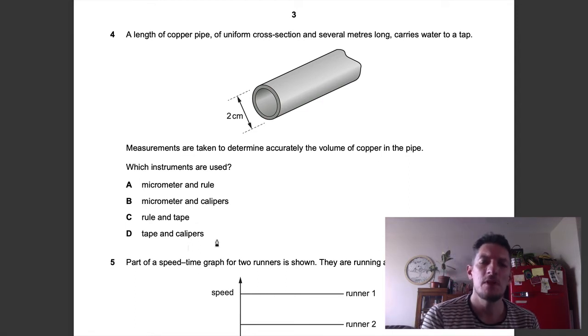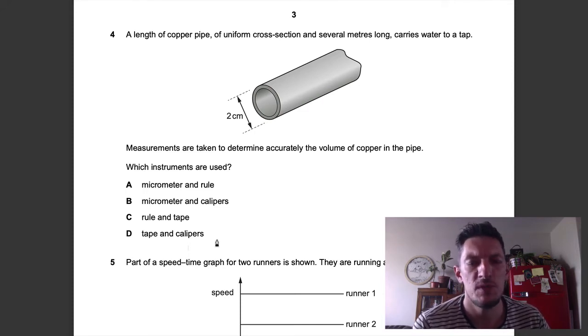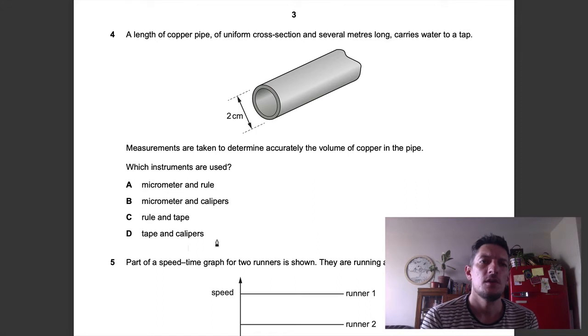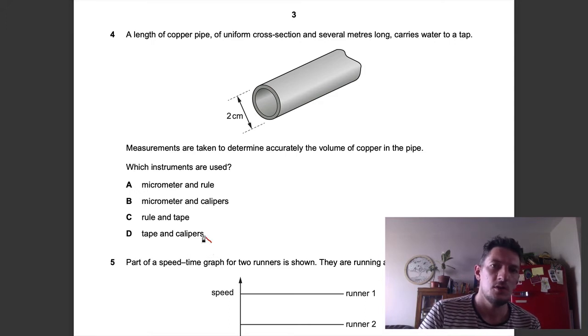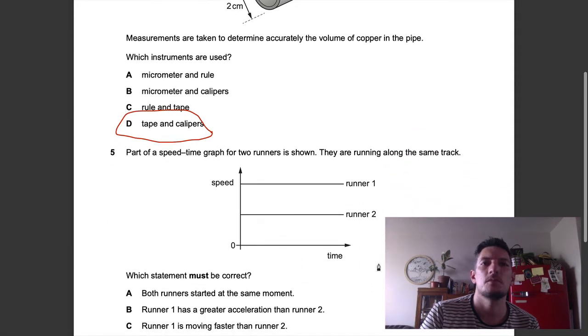I don't think we're going to be measuring the thickness of this pipe quite in microns, maybe in millimeters. Therefore, I'm going to opt for the calipers. And another thing we're going to need to measure the volume of copper is the length of the pipe, which I think we'll measure with tape. So in conclusion, I will say that tape and calipers will do the job for us.